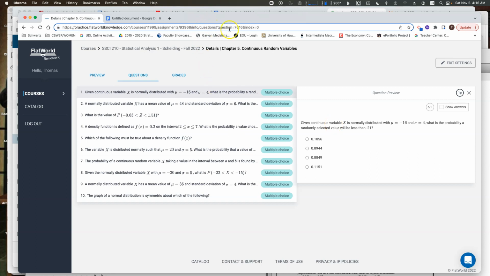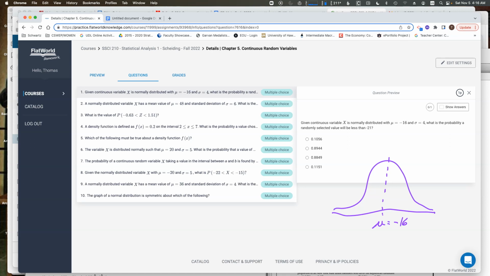So first, it sometimes is helpful just to think about this graphically, what we've got going on here. What that would mean is that we've got a normal distribution with a mean of -16.